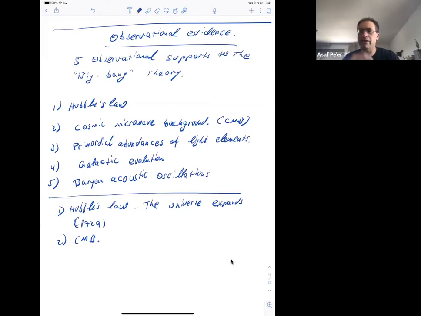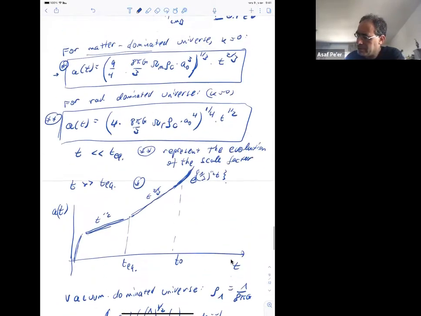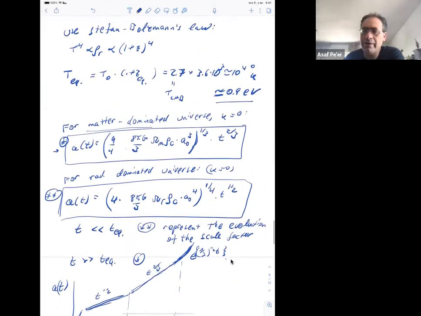So the logic goes as follows. We said that as we go back in time, the temperature of the universe was much higher than it is today, right? So there is a critical temperature, which is what? It's the ionization temperature. What's the ionization energy of a hydrogen atom?